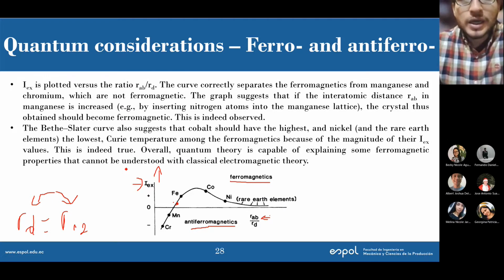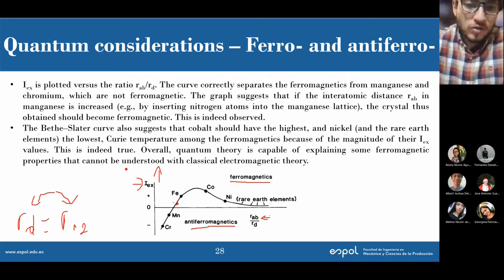So that is how you can play with your materials and say, oh, I can do this and change the behavior of my material. You can also see here that cobalt should have the highest, whereas nickel and the rare earth metals should have the lowest Curie temperature. And that is actually true, just because of the exchange integral.